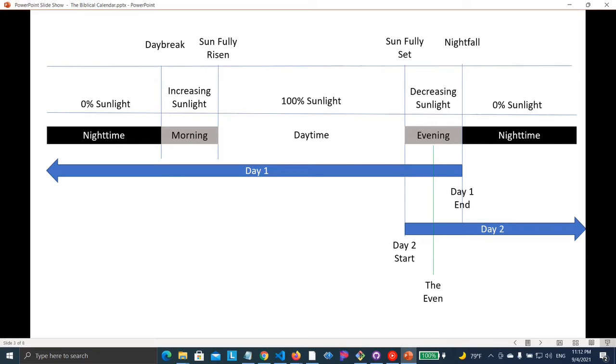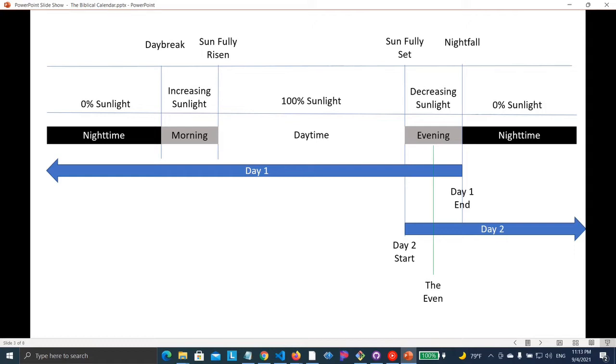At the end of daytime, the sun goes down. But if you've ever watched the sun go down, it's not like a cartoon, instantly dark. You still have sunlight leaking over the horizon. You can't see the sun, but the light's still making it over. Again, it takes about an hour. That transition period of decreasing from 100% down to 0 is called evening.